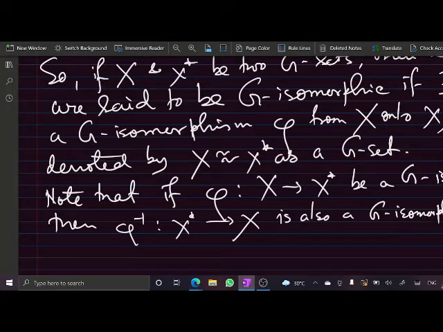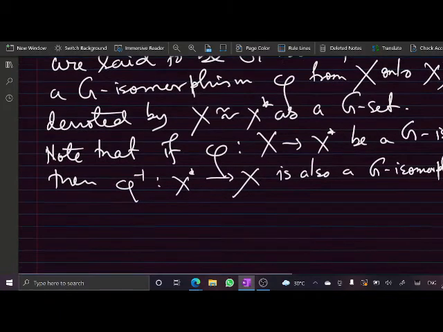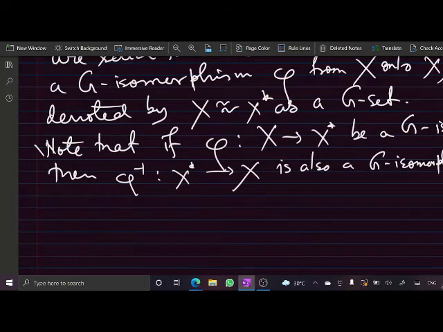Also, this notion of G isomorphic produces an equivalence relation.